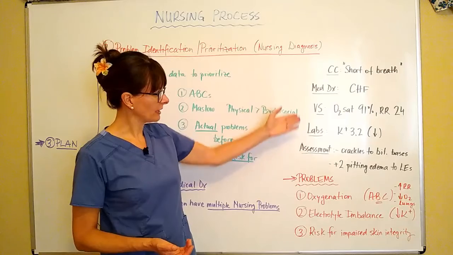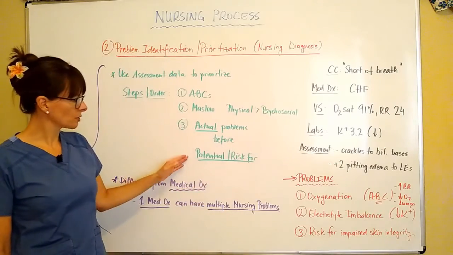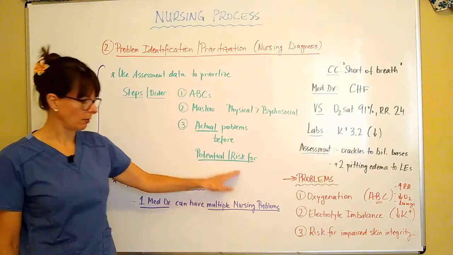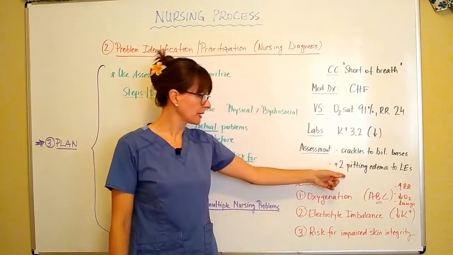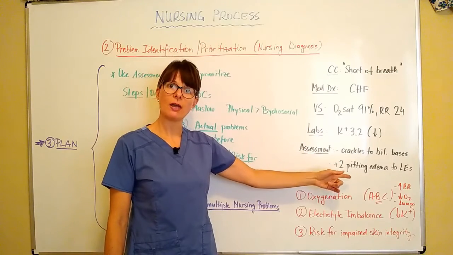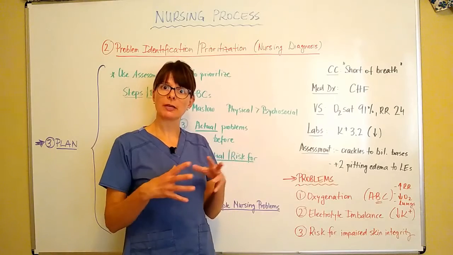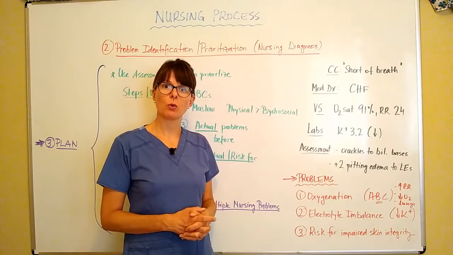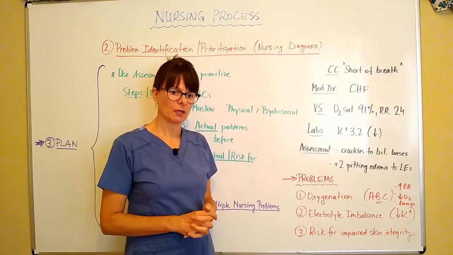Because we don't have any other abnormal physical findings, I'm now moving into the risk for problems. I wrote down risk for impaired skin integrity because of this pitting edema. If I don't get rid of the edema or it gets worse, there could be problems with wound development, with fluid seeping out of the skin.